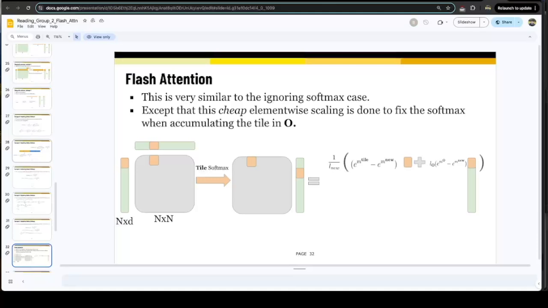And you have to now do your softmaxes tile-wise. But that's actually very fast because we're already going to have this tile in SRAM when we use our tensor cores to do this query key computation. And then you just sort of throw in a softmax computation. It's already there. It's basically free.